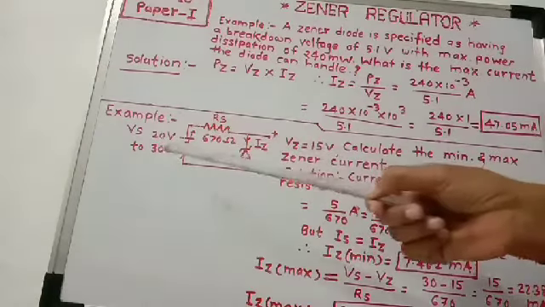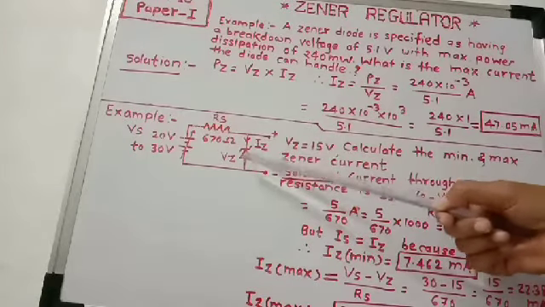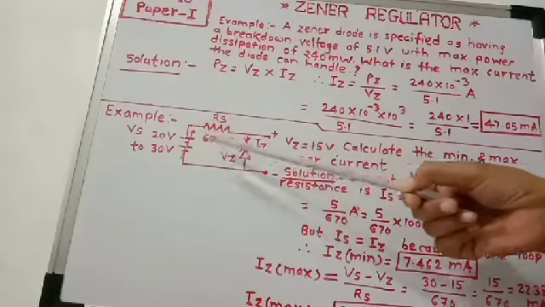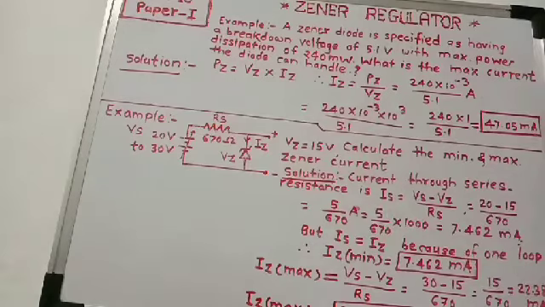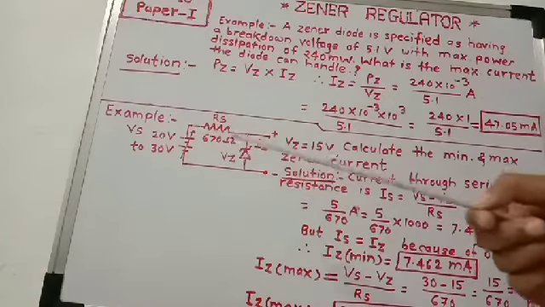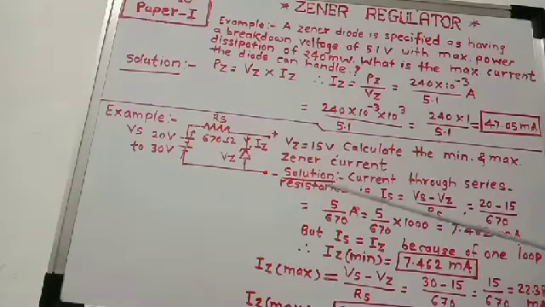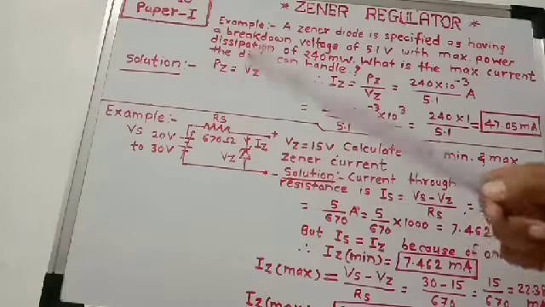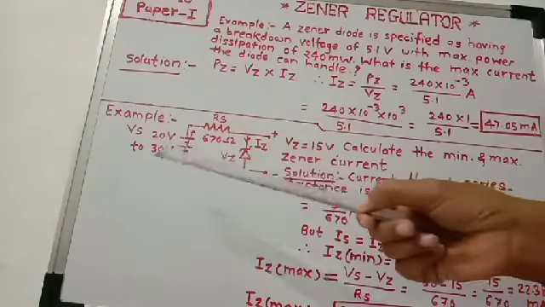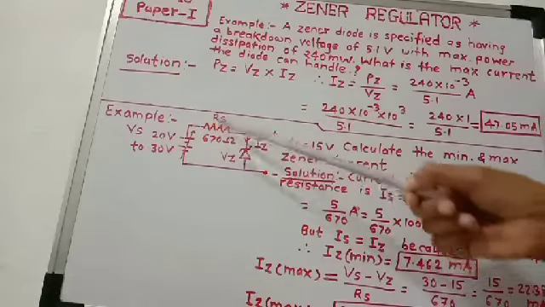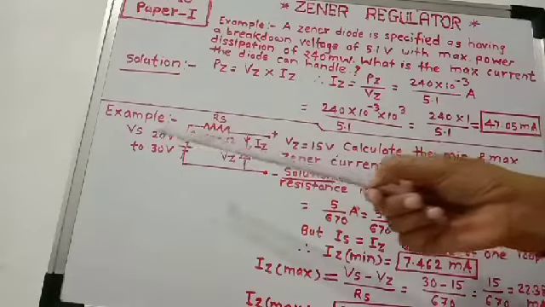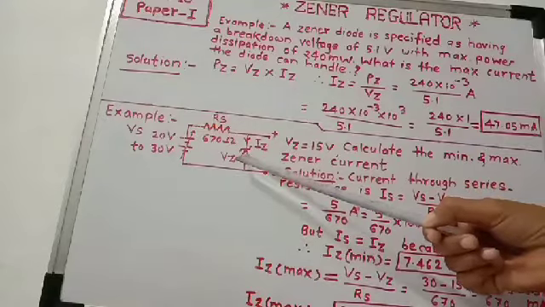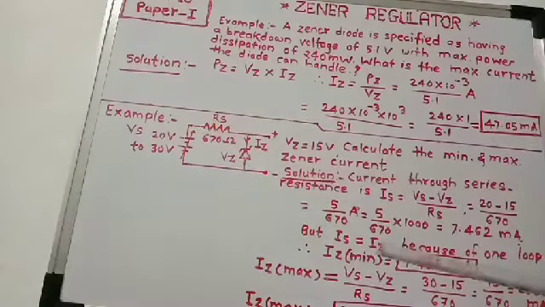Okay, so 30 minus 15 divided by Rs 670. IZ maximum is equal to Vs minus Vz divided by Rs, that is 30 minus 15 divided by 670.